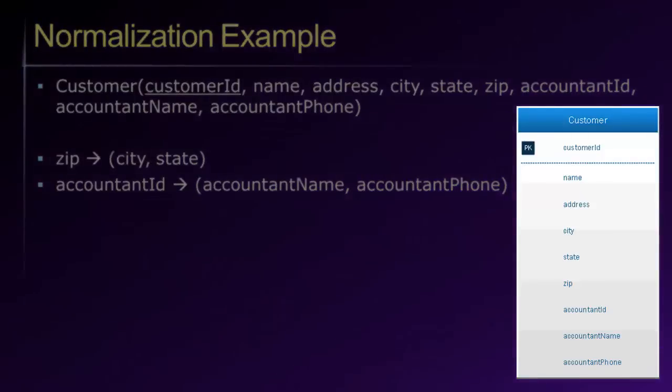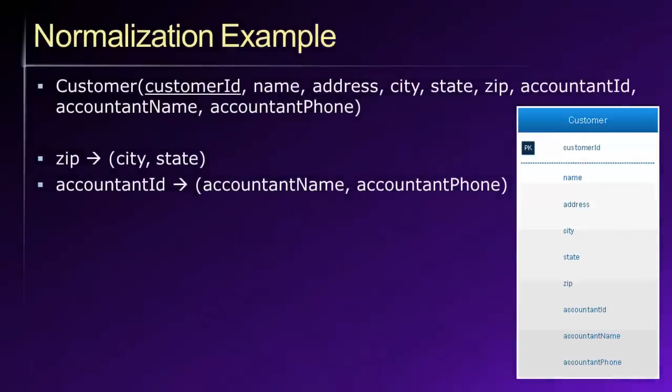So we create a customer table that contains a customer ID that will be our primary key, and we also track the customer's name, address, city, state, zip code, and the accountant ID for the customer, along with that accountant's name and telephone number. In its current form, this customer table is not normalized because all of the attributes in the customer table cannot be determined by the customer ID.